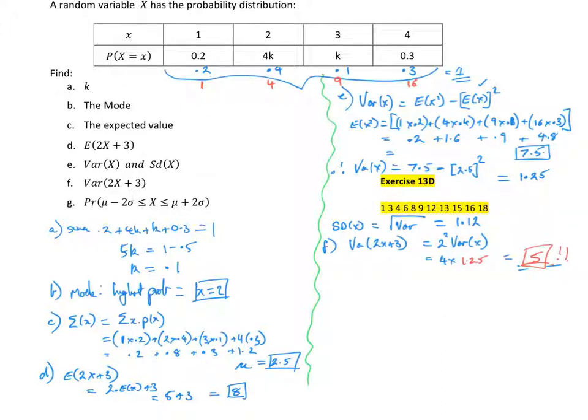The probability that x is between mu, the mean 2.5, minus 2 times sigma, which is 1.12, and 2.5 plus 2 times 1.12, is given by the probability of 2.5 minus 2.24, which is about 0.26, less than or equal to x, less than or equal to 2.5 plus 2.24, which is 4.74. So now, what does that mean?